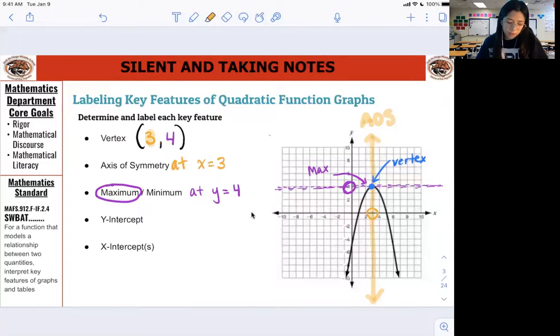So this 3 matches that 3, and this 4 matches that 4. You see that? So that's why those 3 things are all related to each other. The vertex, the axis of symmetry, and the maximum/minimum all come down to where the vertex is located. Does that help? Any other questions on that?